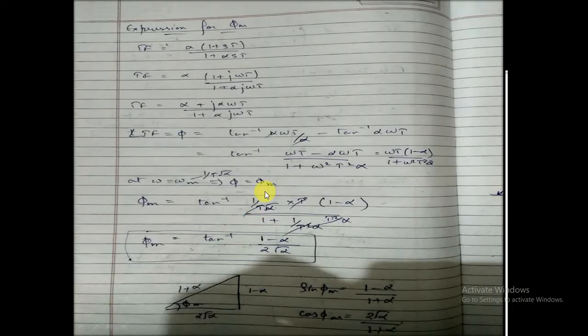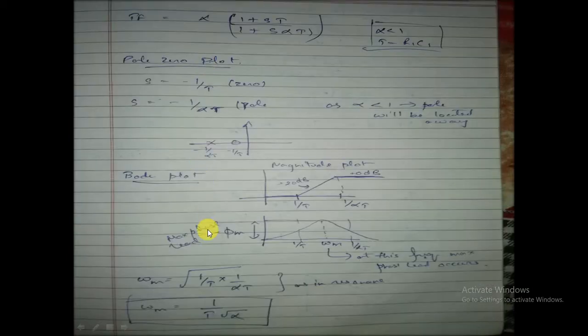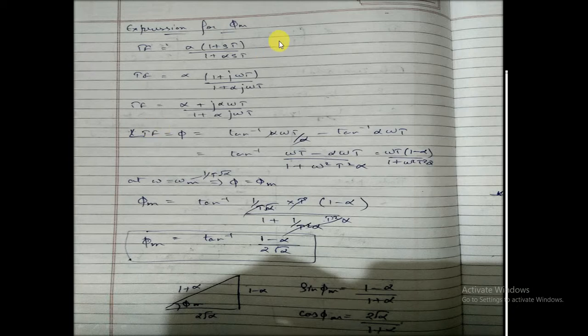That's why the expression for phi m is the angle at which maximum phase occurs. So what is the expression? This is not the expression, that is omega m. Omega m is the frequency at which it occurs, but not the angle. The angle we need to calculate, and for that we just need the transfer function and replace s by j omega, converting it into real and imaginary form, and then taking the angle becomes easy.